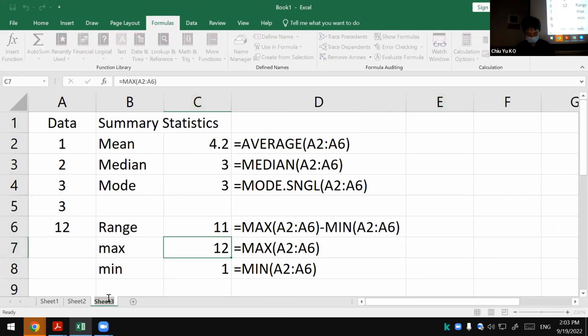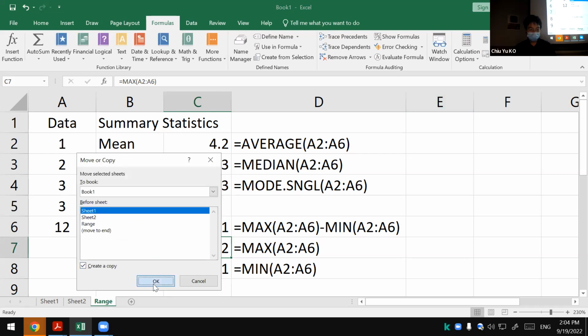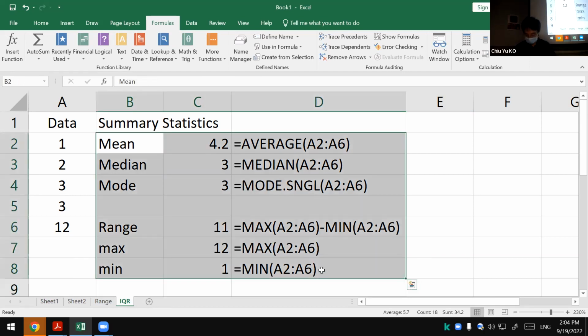This is the range. Let me copy it and I do, let me do the IQR. So let me erase this.